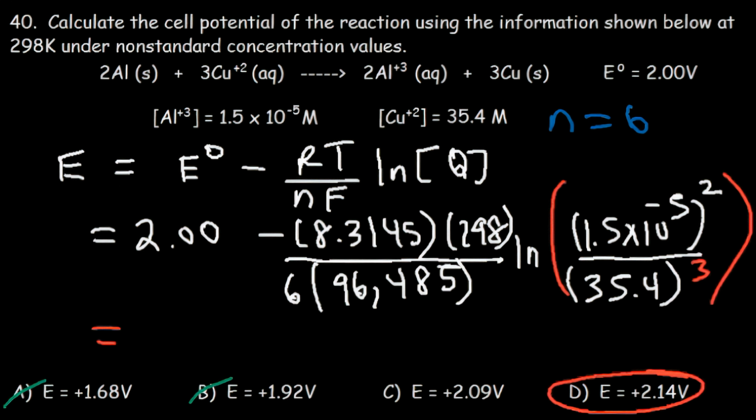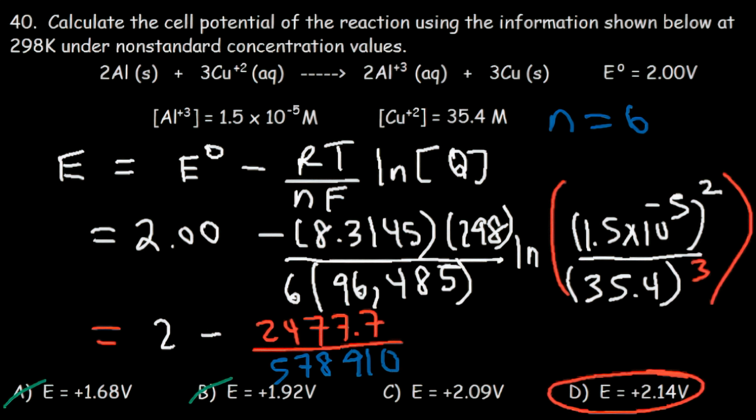Let's multiply 8.3145 by 298. So that's going to be 2477.7. And then 6 times 96,485. That's 578,910. And then the natural log of 1.5 times 10 to the minus 5 squared divided by 35.4 raised to the third power.